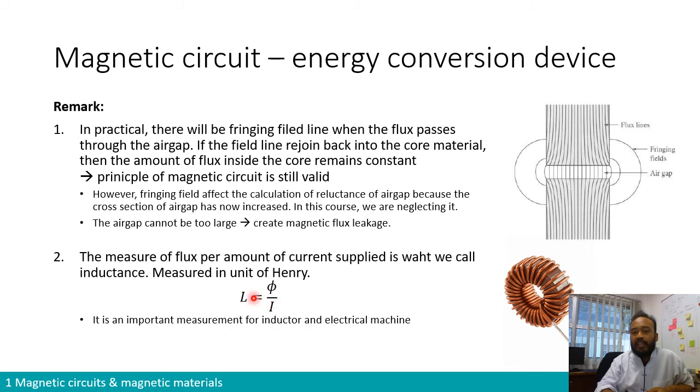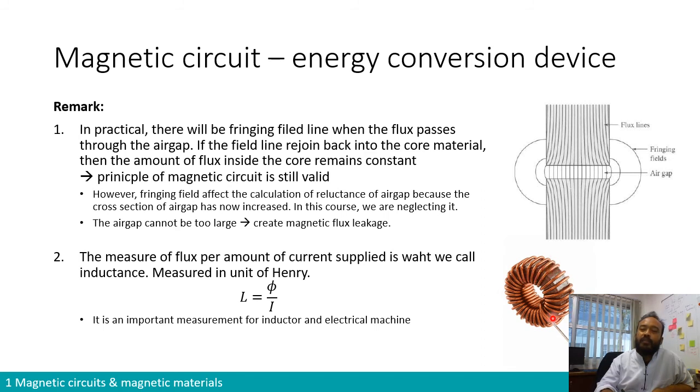So we can see that this is an example of a toroid inductor used in an electrical circuit. The inductance will be much larger if you have higher flux, and we are considering a constant current I. If you want to create a much higher flux, it depends on the core material.